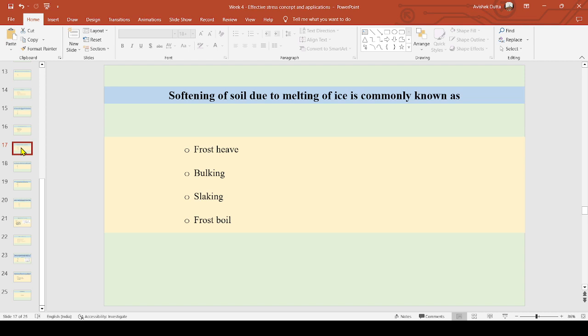I'll repeat the question. Softening of soil due to melting of ice is commonly known as, the options are frost heave, bulking, slaking, or frost boil.